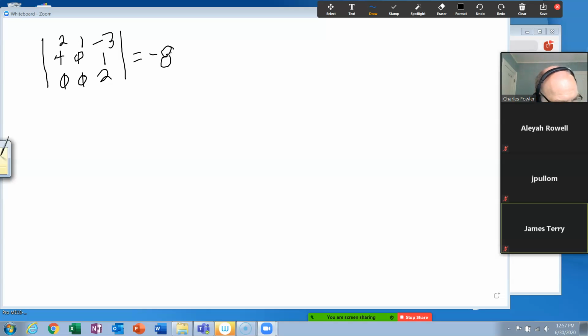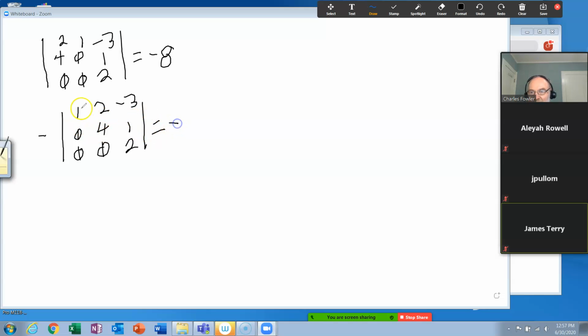But they say if you had had the insight to exchange these two columns here, this would have then said it's the negative determinant of 1, 0, 0, 2, 4, 0, negative 3, 1, 2, and that would have been minus the product of the diagonal, which is the 8, and that would have given you minus 8.